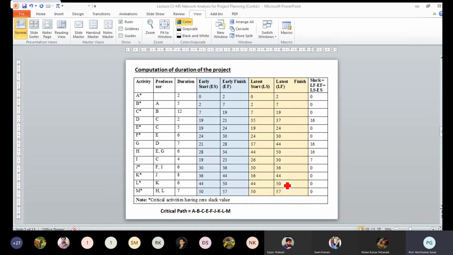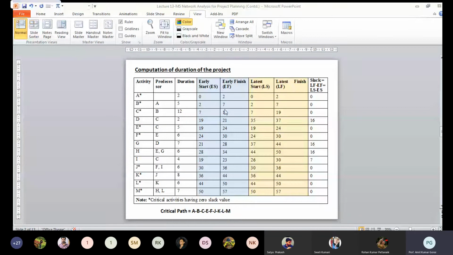If there are two activities that follow, for example, if you have to calculate in this diagram for job C, it is 19. Now, how did we get this 19 value?